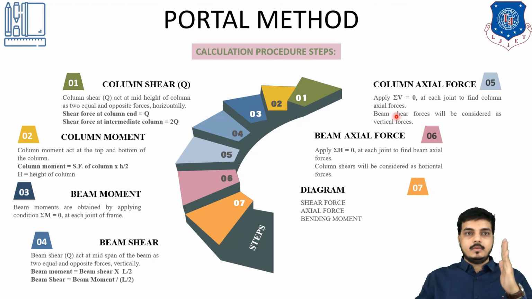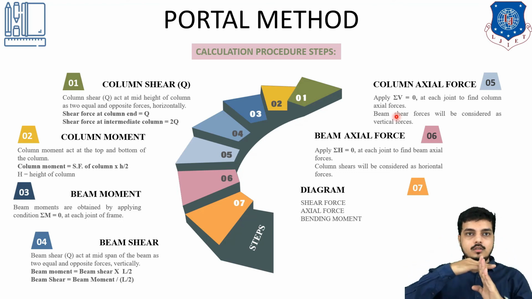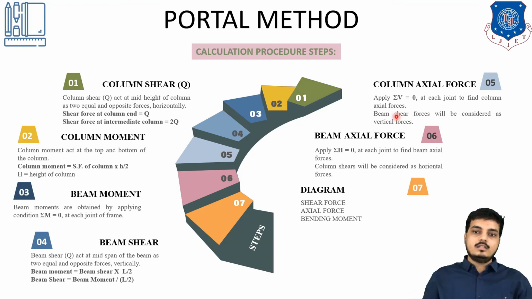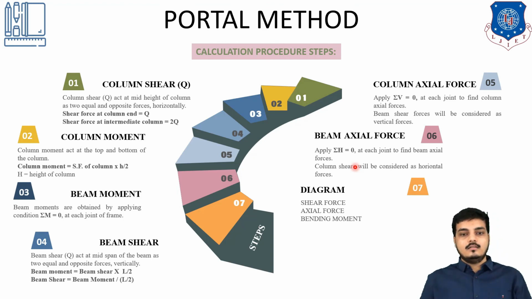If this is a beam, this is a column and this is a beam, in this beam there are two equal and opposite shear forces. Those vertical forces will be considered in this summation of V equals 0. Similarly, for beam axial force, we use summation of H equals 0 at each joint. If this is a column and its shears are horizontal, those horizontal forces will be considered in this summation of H equals 0.